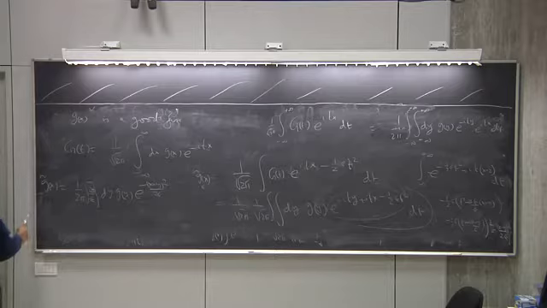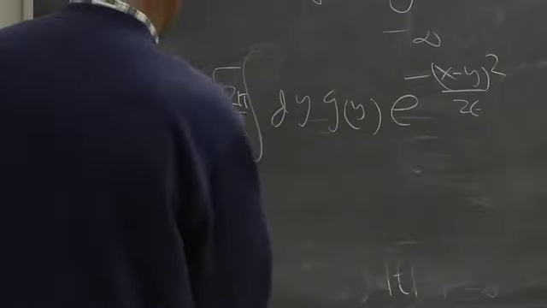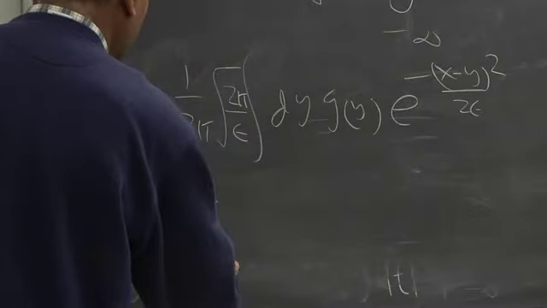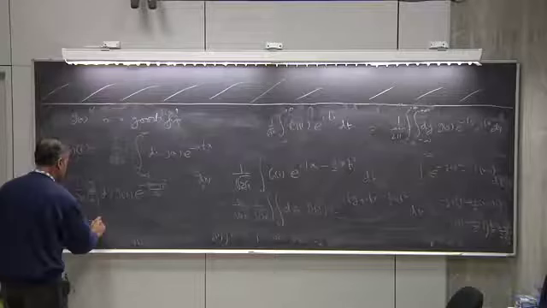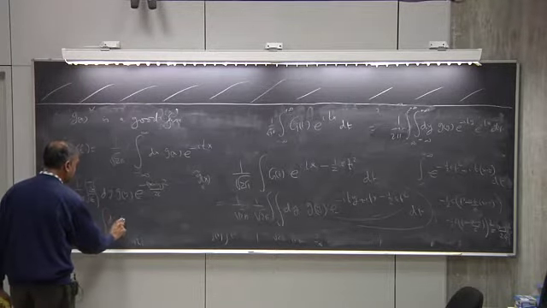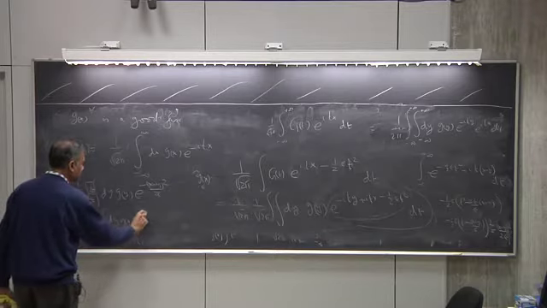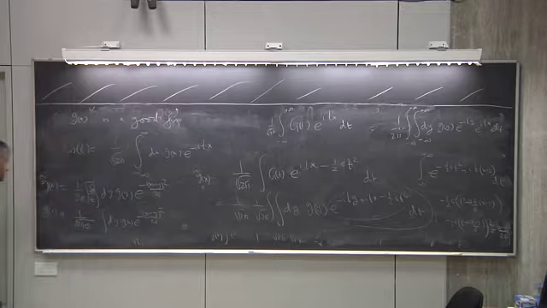Now on the other hand, I can also write g of x as the following: 1 over root 2 pi epsilon, integral dy g of x e to the minus x minus y square divided by 2 epsilon, right?